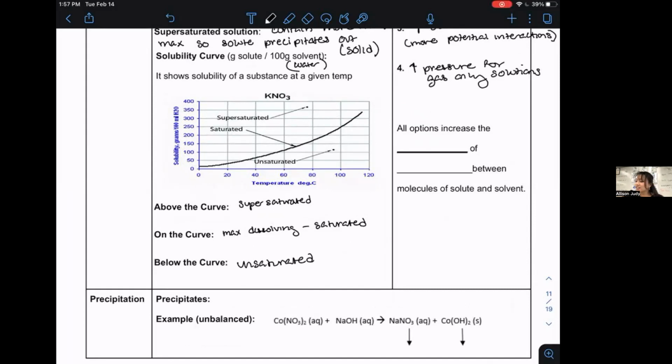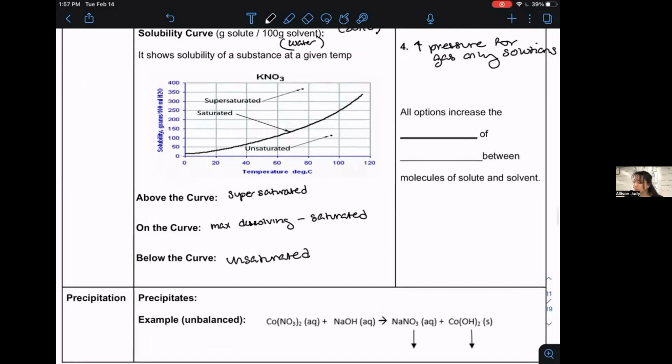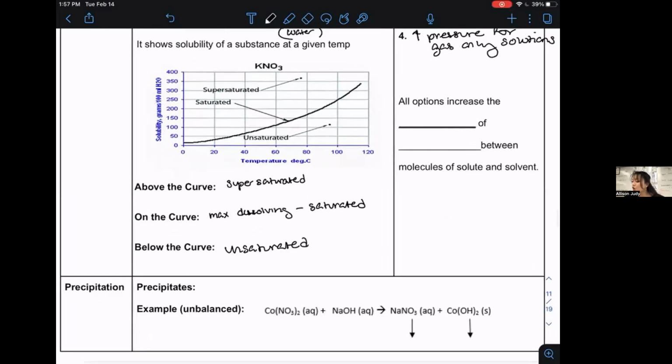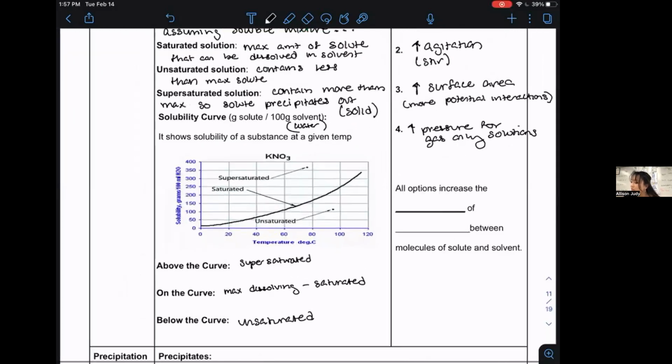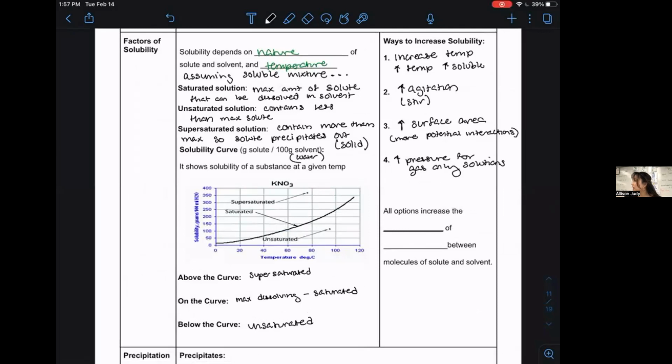Okay. So something to note is that all these techniques of increasing solubility and making more solute fit in there, they all increase the number or frequency of collision between the molecules of solute and solvent. Okay?